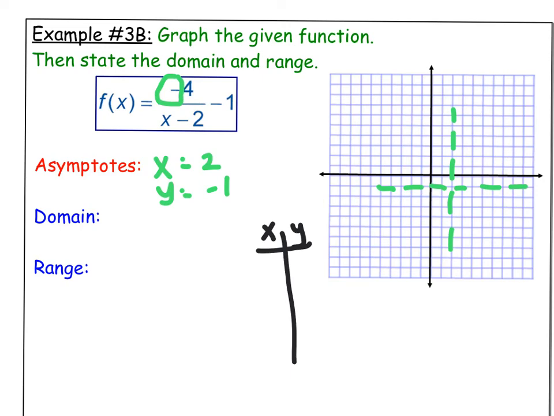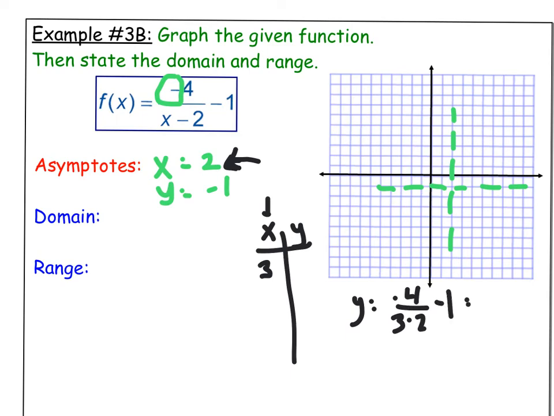I'm substituting in something around 2 because that's my vertical asymptote. The horizontal asymptote is the y value. Remember, x is your input. That's why you always want to input points or ordered pairs around 2. So what's bigger than 2? 3. Let's check a 3. You get y equals negative 4 over 3 minus 2, minus 1.